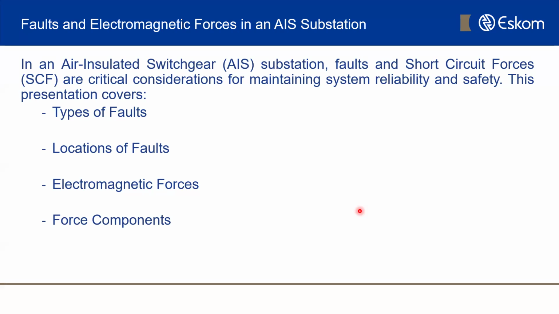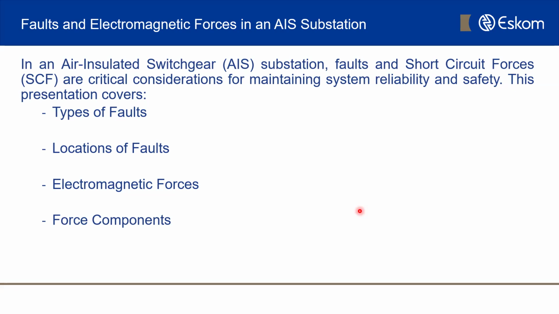The critical issue here is the short circuit forces created by these faults, and we are trying to maintain system reliability and safety. In my part of this presentation, I will be covering the types of faults, the location of these faults, the electromagnetic forces, what they are, how they are formed, and then the force components that are created due to these electromagnetic forces.